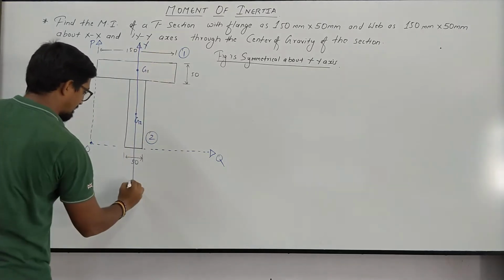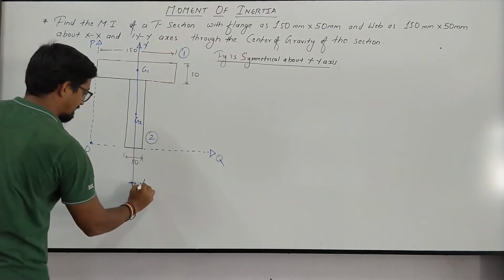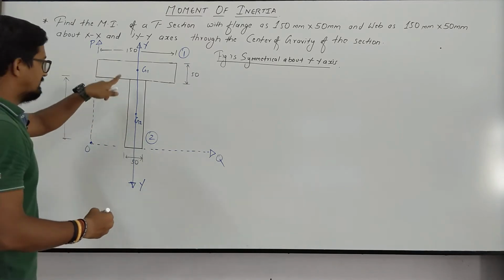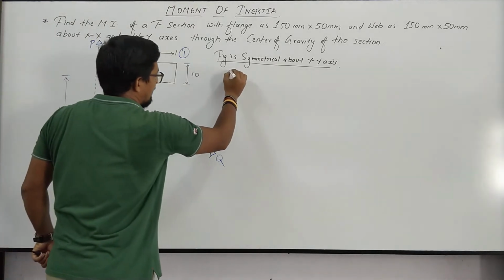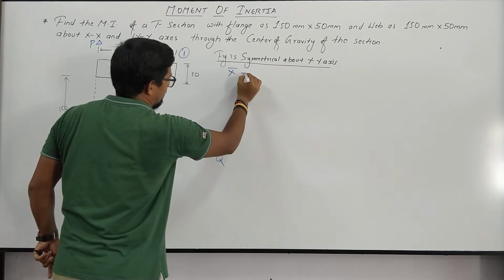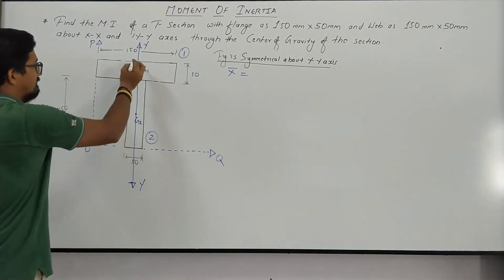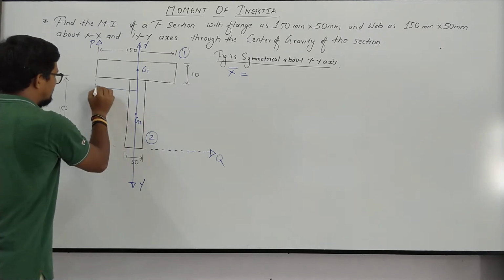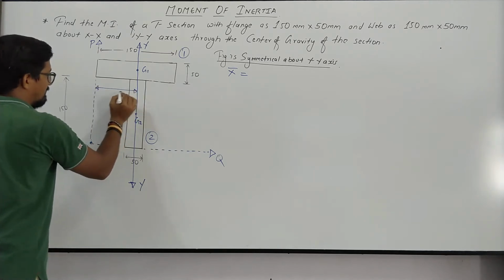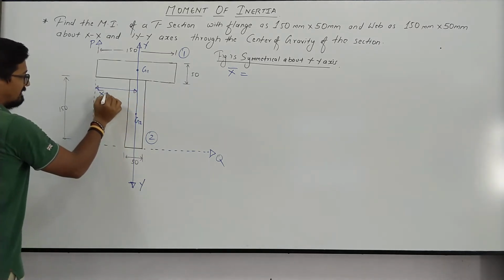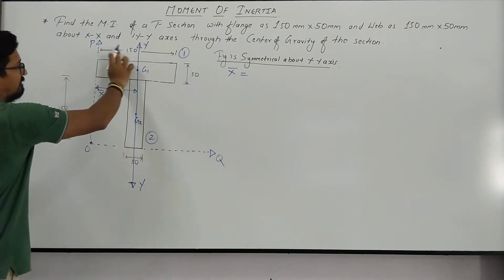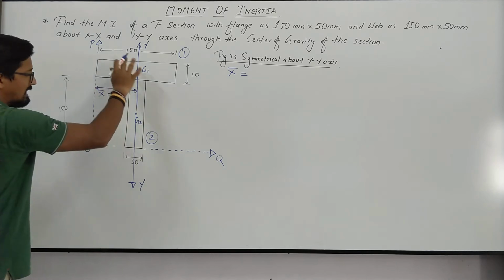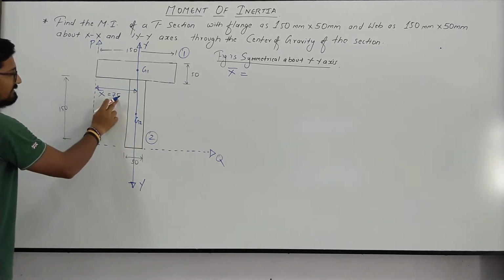So this indicates that x bar, this distance, is equal to 150 divided by 2, which is equal to 75 mm. All dimensions are in mm. So x bar is equal to 75 mm.